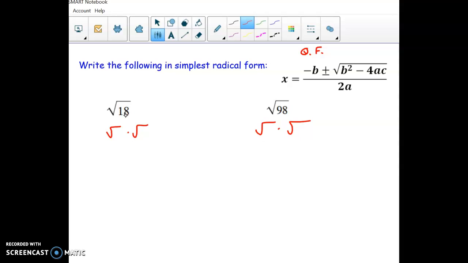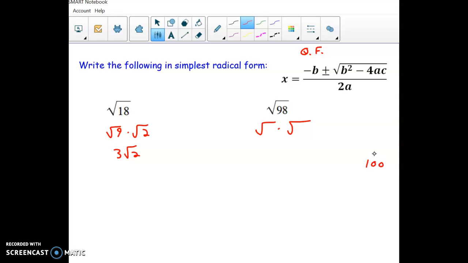Just going through my list, the first perfect square that's below 18 is 16. 16 doesn't work, but 9 does. So I'm going to break this into radical 9, radical 2. This becomes 3 square roots of 2. For the square root of 98, I'm going to bring my list up here again.